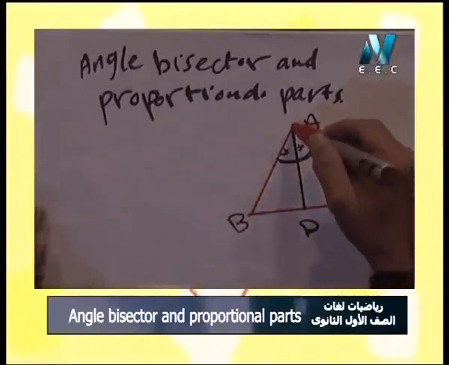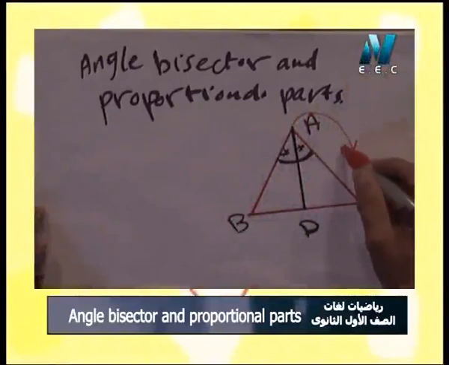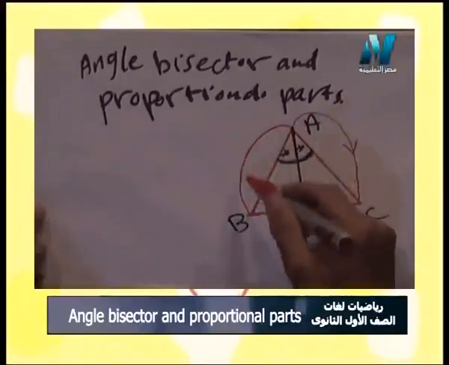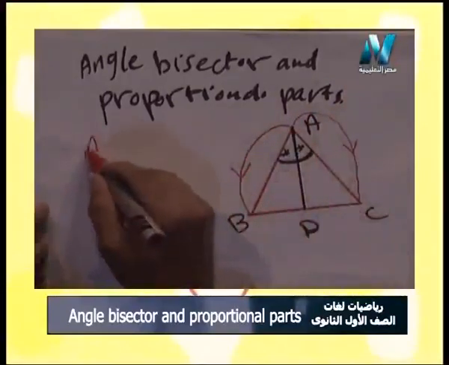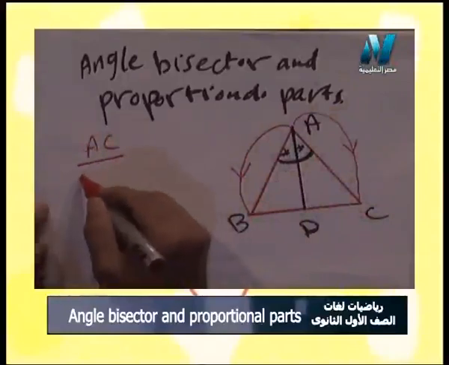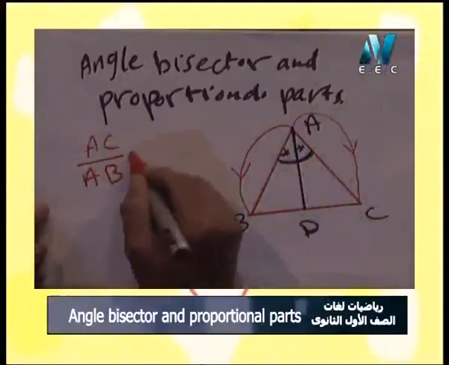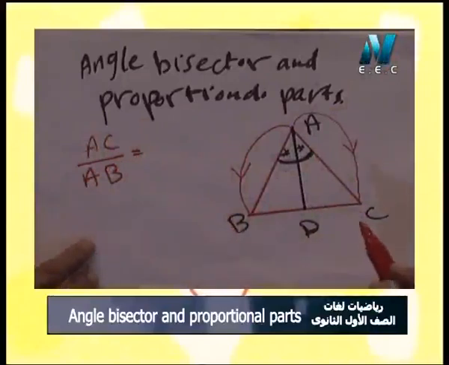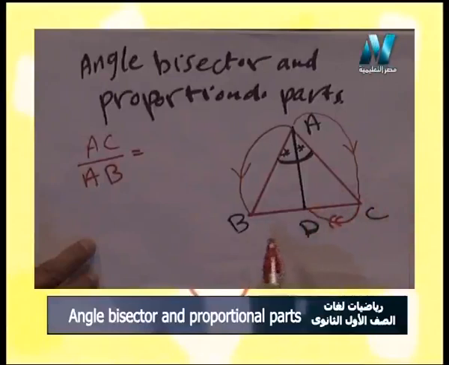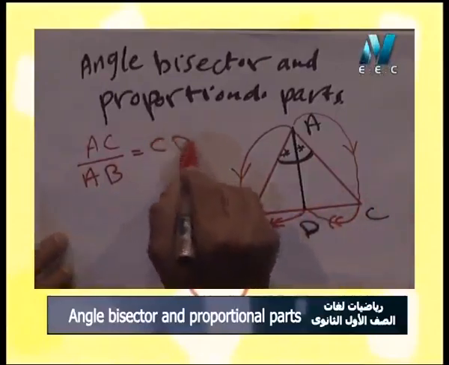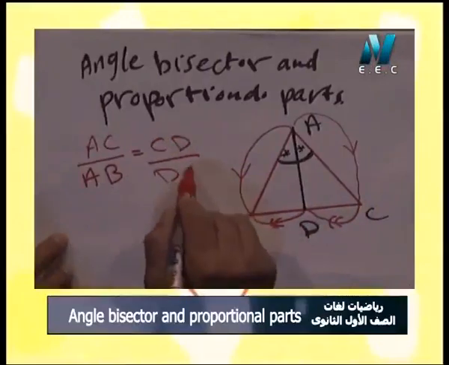Look carefully. AC over AB will be equal to what? It will be equal to the ratio CD over DB.